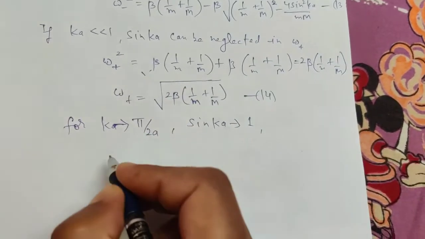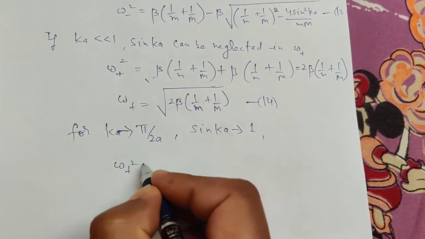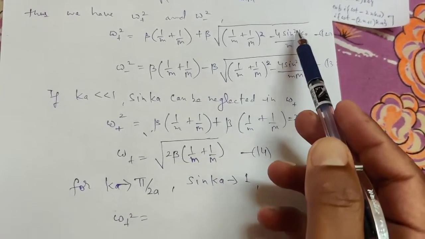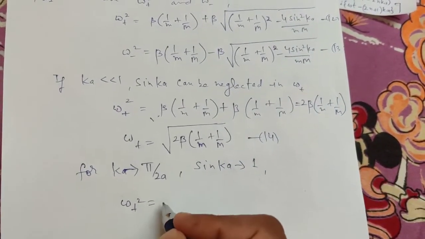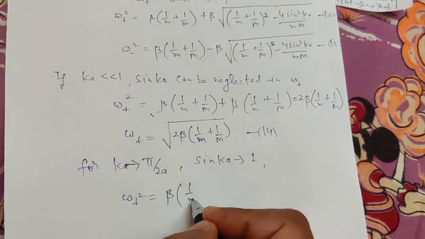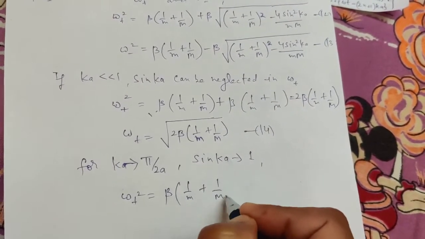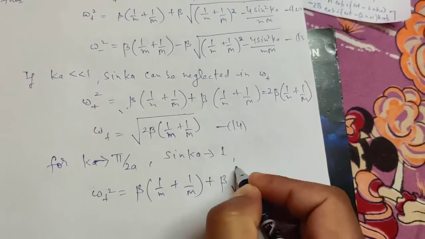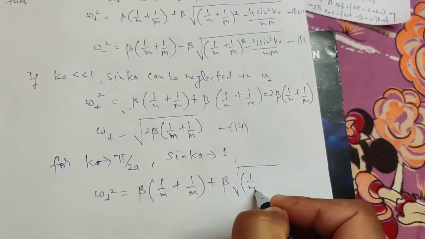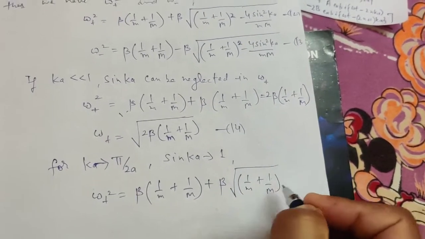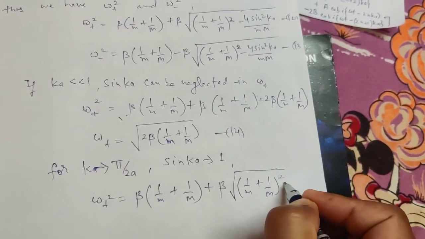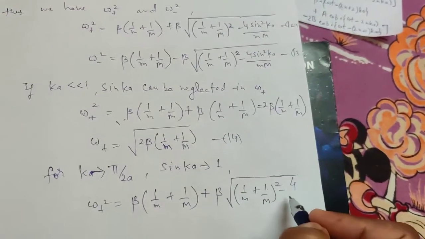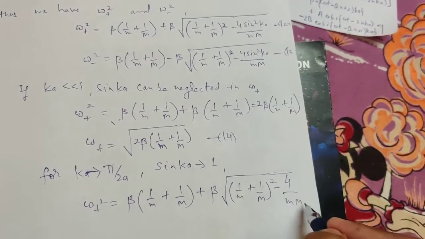So thus we have omega plus square will be beta times 1 by m plus 1 by capital M, plus under root of the whole square of 1 upon m plus 1 upon capital M, plus 4 times 1 by m into capital M.